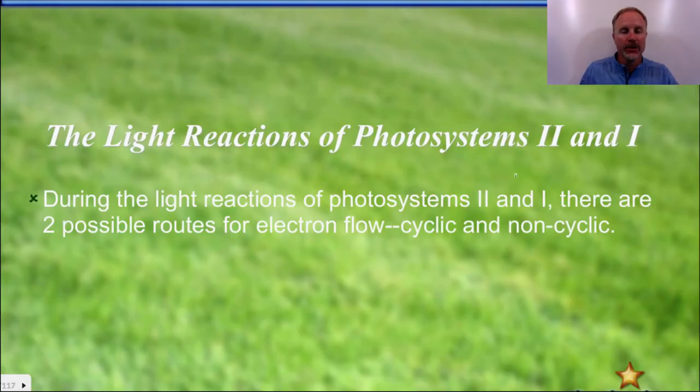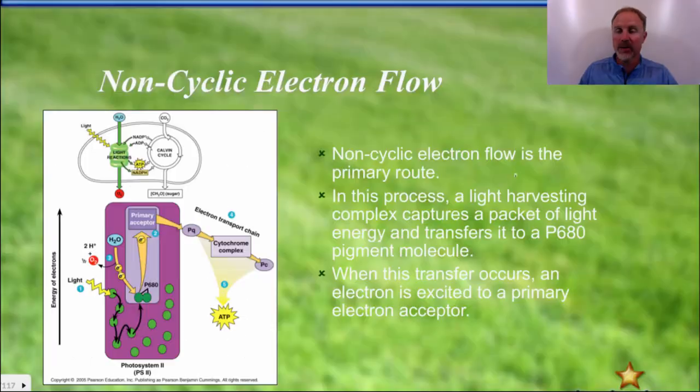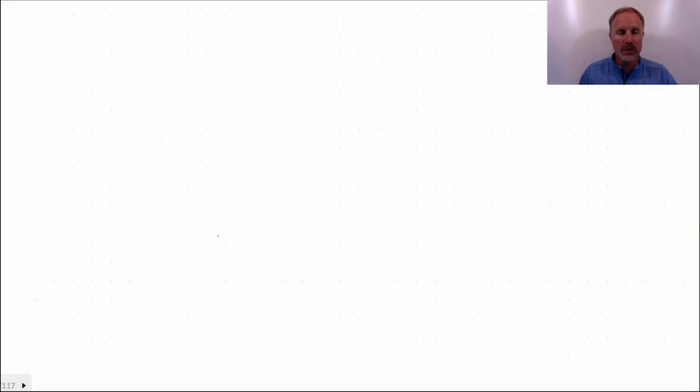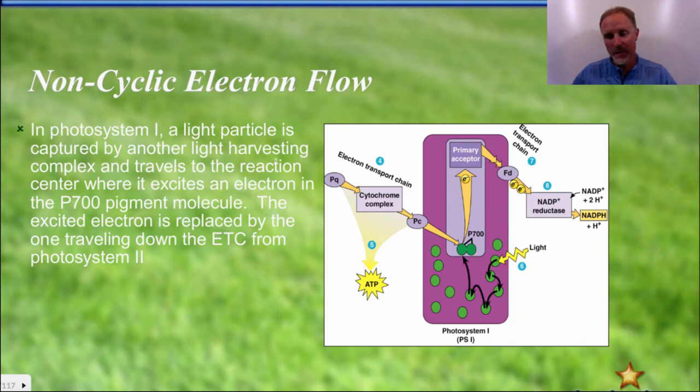All right, so during the light reactions, there are two possible routes for these electrons to flow. You have cyclic and non-cyclic. Basically, the electron gets excited here, moves to an electron acceptor, and moves down the electron transport chain. Then another photon of light excites an electron up, and it moves down this electron transport chain.